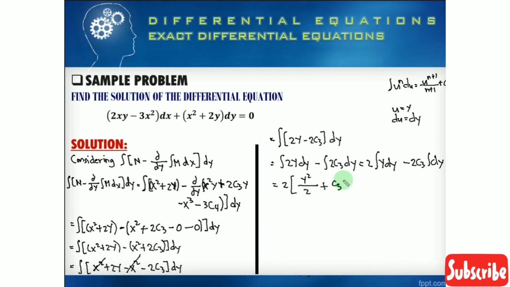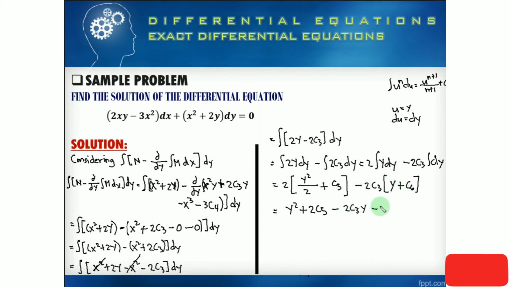Then minus 2c3 times the integral of dy, which is just y plus a constant, and we use c6. Cancelling out, this is y squared plus 2c5, then minus 2c3 times y, and then minus 2c3 and c6.